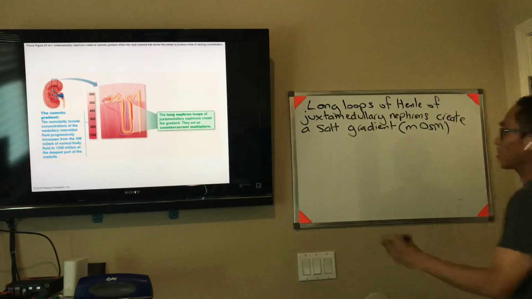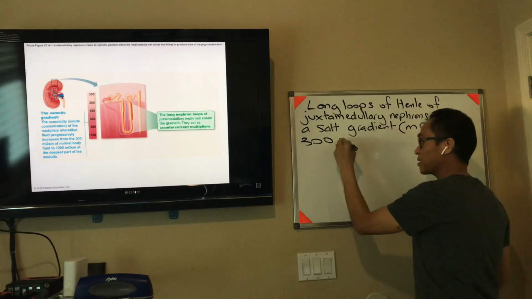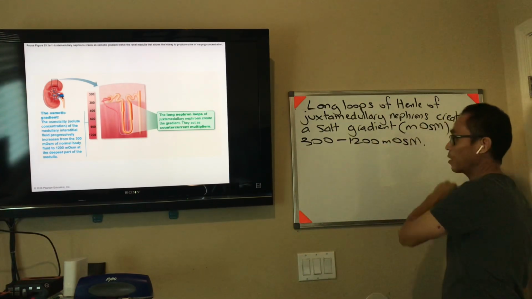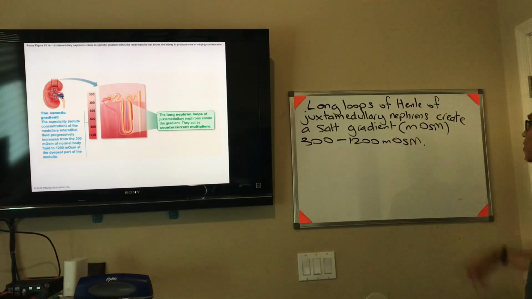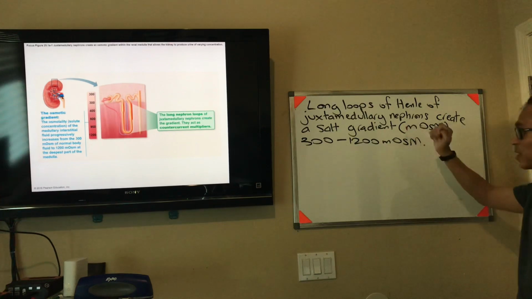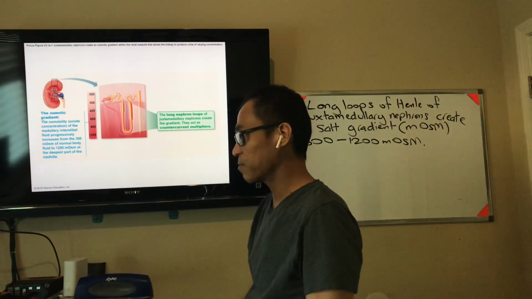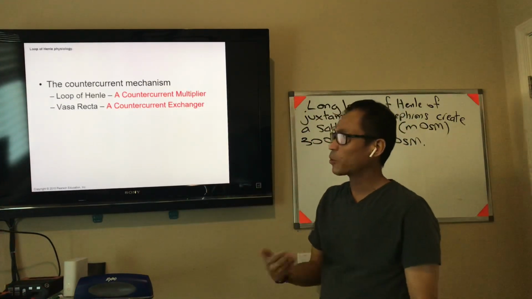Well, you create this salt gradient from something like 300, which is our saline, 0.9% NaCl, to 1200 osmolarity. So the key is they create this salt gradient with the countercurrent multiplier mechanism. So we're going to talk first about this loop of Henle, this countercurrent multiplier.